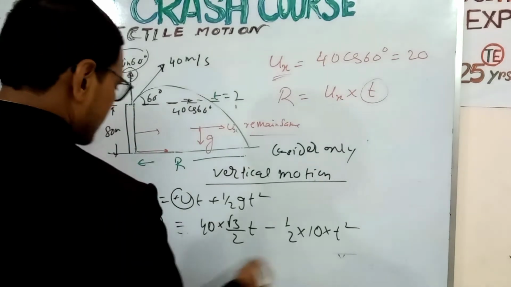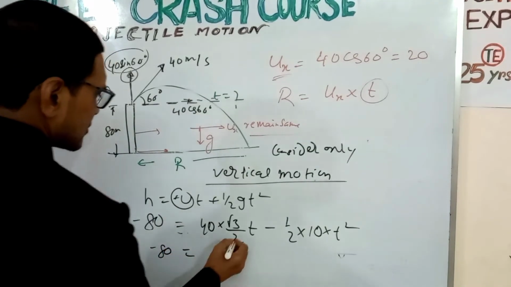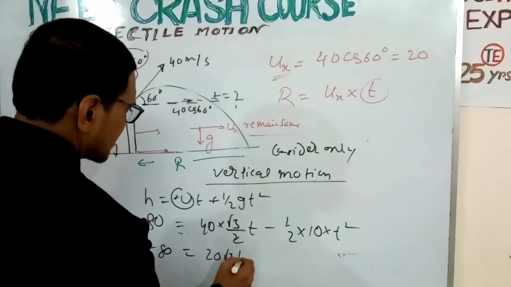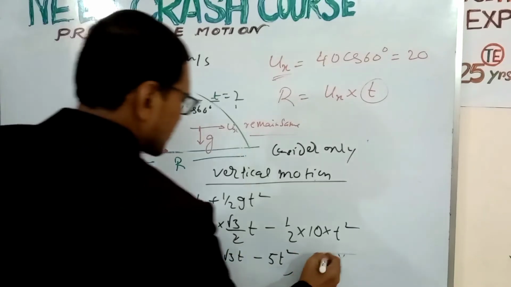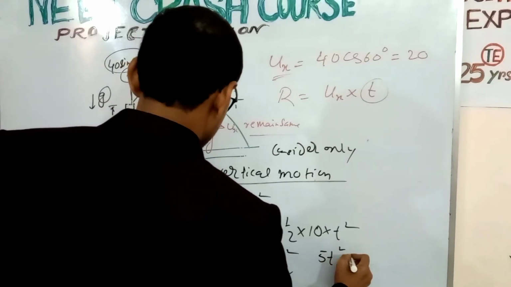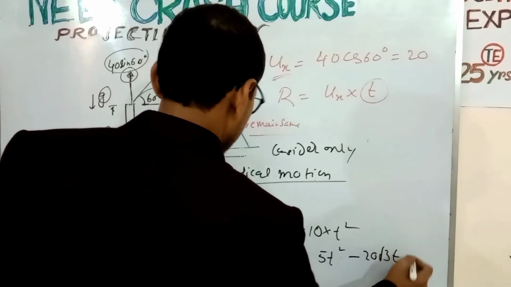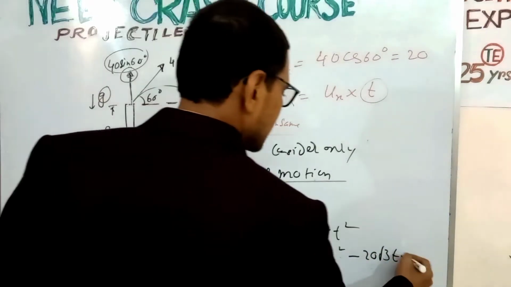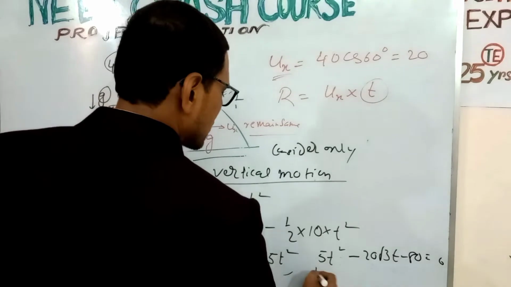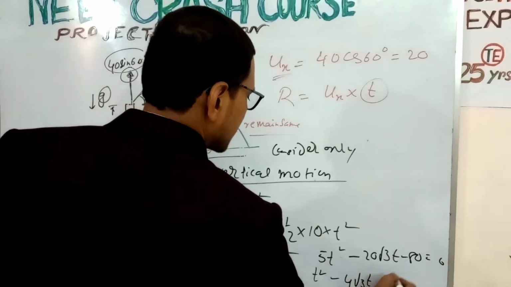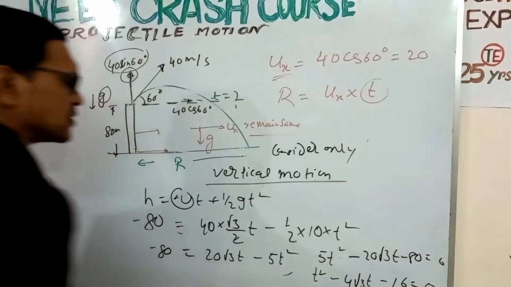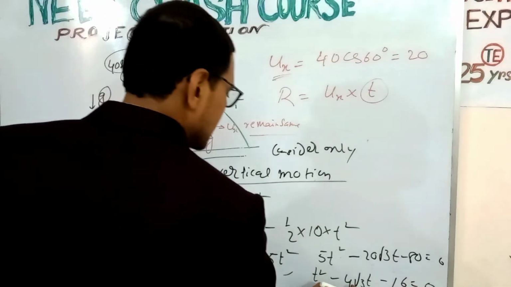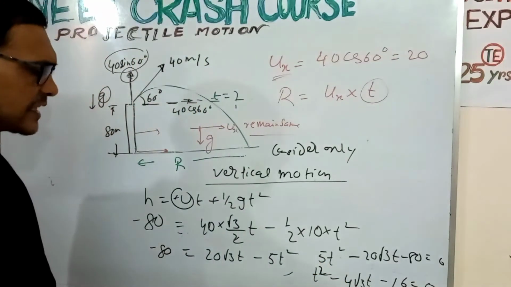So we get 5t square minus 20 root 3 t minus 80 equal to 0, that is 5t square minus 4 root 3 t minus 16 equal to 0 after simplification. So you get t, just avoid the negative value of t.